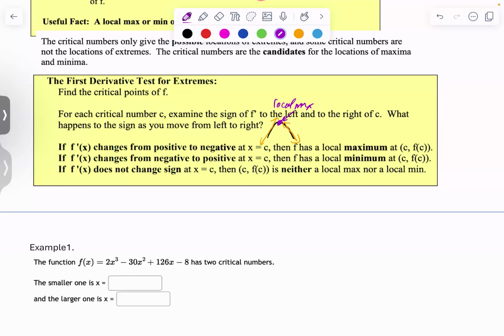And if the opposite happens, and we have some graph like this, and the slope of the tangent line starts out negative and changes to positive slope, then we have a local minimum.